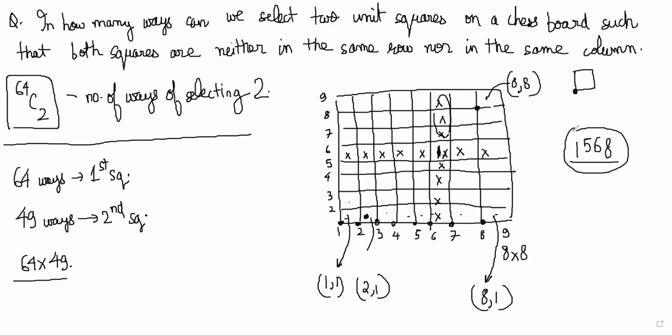So the repetition could be, if I chose the... okay, one second. Select two unit squares on a chessboard. This square I have selected, and this square was 6, 5. Then I can select any other square here.